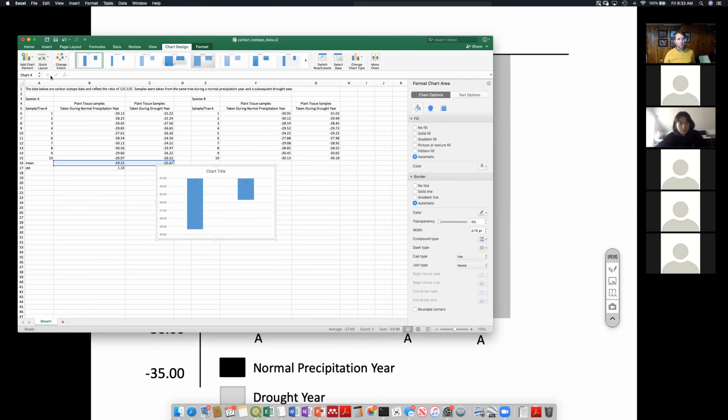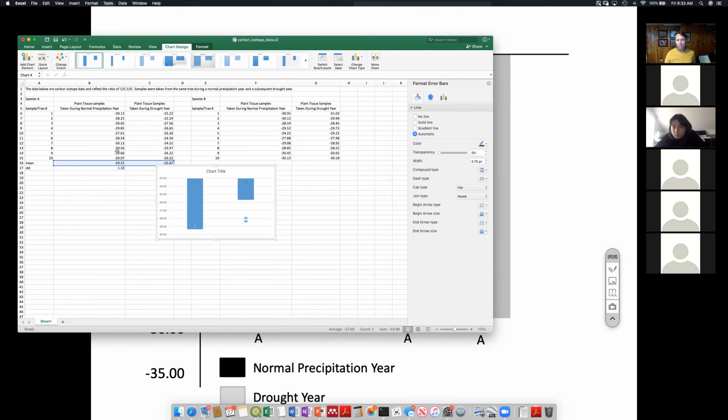Error bars are this whole thing. It's like an odyssey trying to figure out error bars. Good luck. But you go to add chart element, error bars, and then we need to do custom error bars.